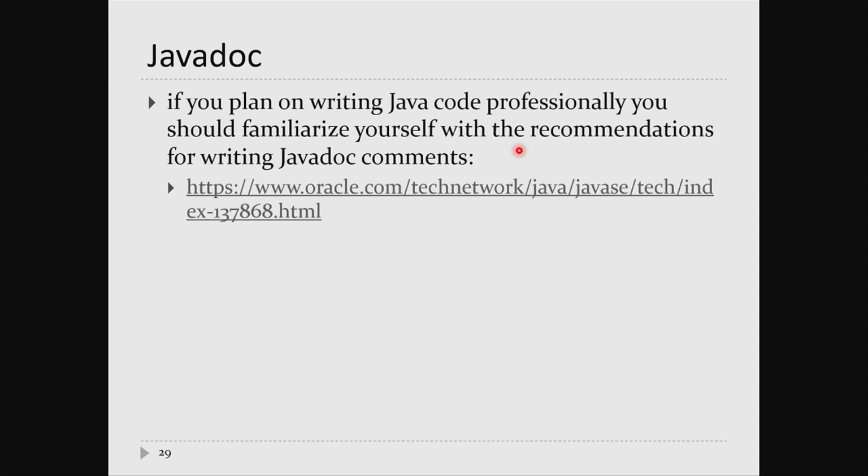And that's all so that you can generate standardized documentation for classes. The basic rule of thumb is you should make your documentation look like the documentation for the Java standard library. If you follow that link, that will take you to a very long article that tells you how you should write Javadoc correctly in a professional environment.